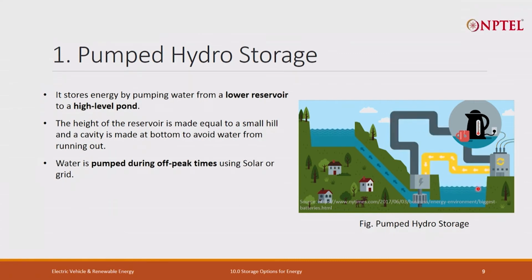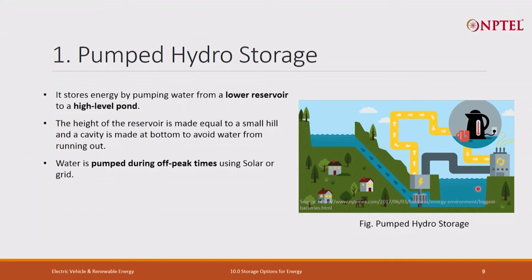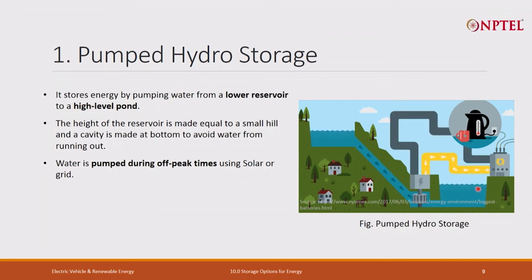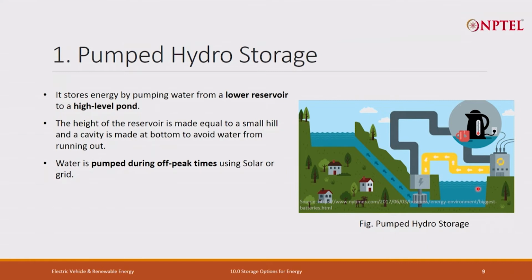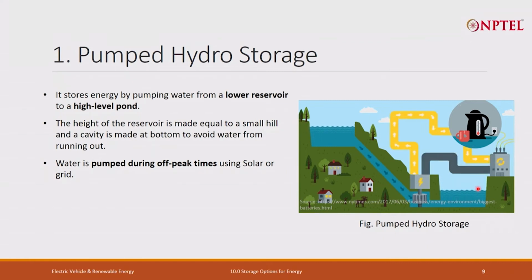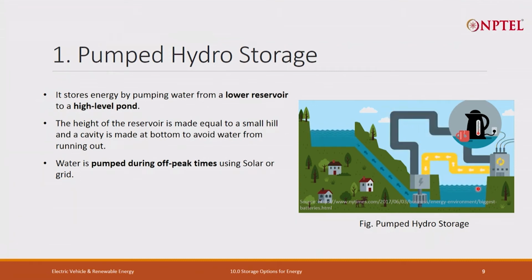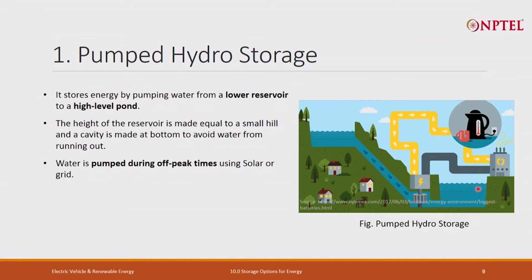Water is pumped during off-peak hours using solar or a renewable energy grid, which can have a combination of energy coming from wind and from hydroelectric power plants. Wherever there is not much demand, at that time this water is pumped to the reservoir at the higher level.